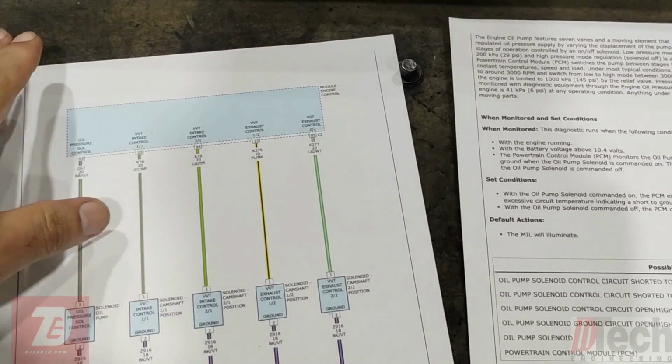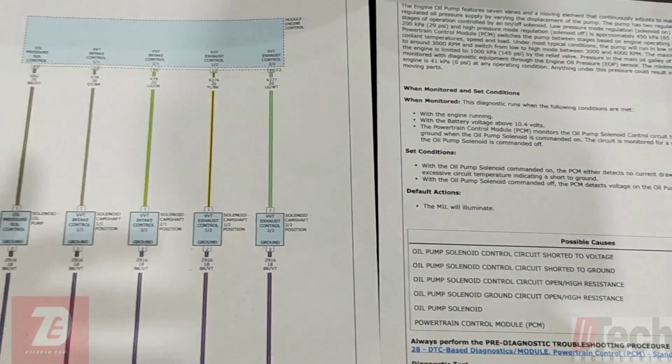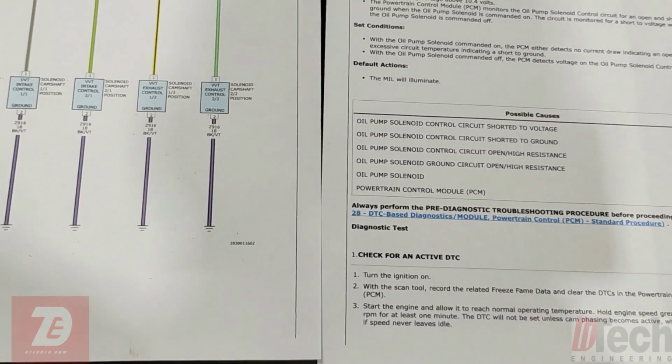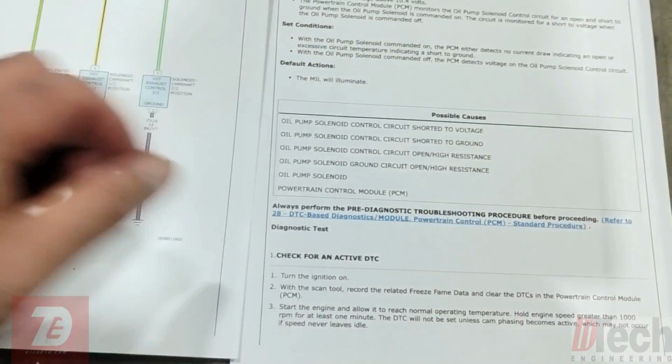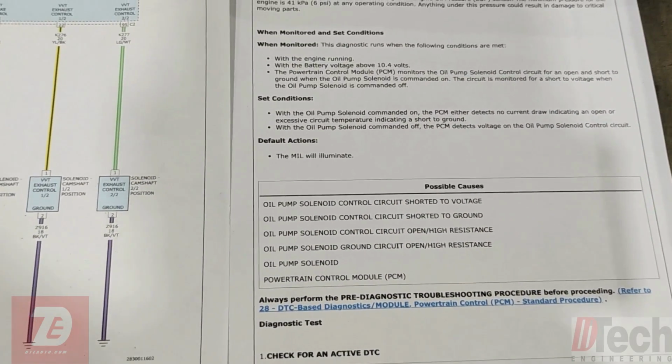Okay, and so my next step, after just quickly looking at the scanner's live data, seeing that we do have oil pressure currently at cold start, I did some digging based off the trouble code, and this is basically factory information.